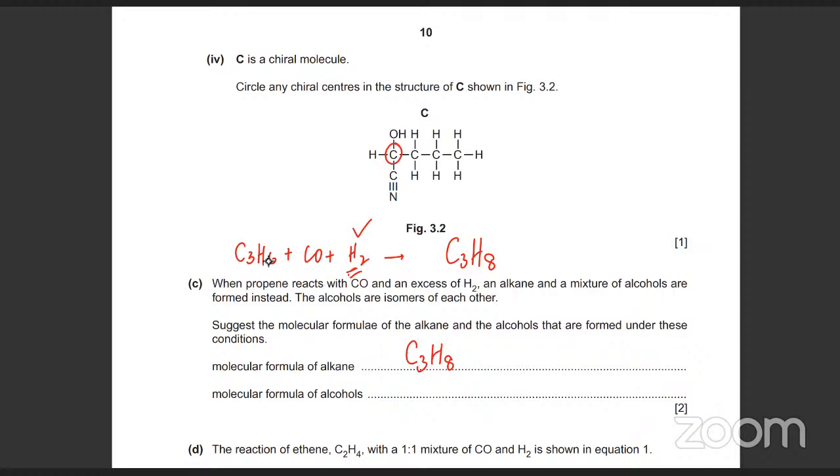So what could be the alcohol that could be formed? If you add CO to this, you would get a 4 carbon atom. What's a 4 carbon atom alcohol? It's probably going to be, like if you have a 4 carbon atom alcohol, so that's 10 hydrogens, right?